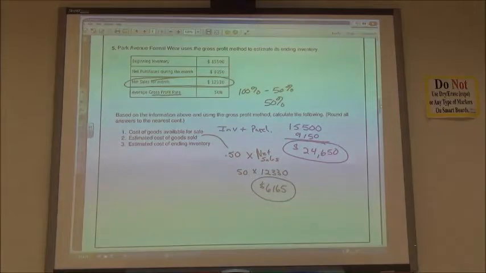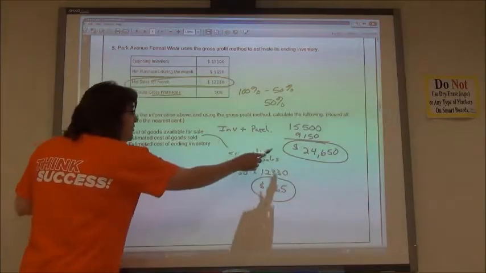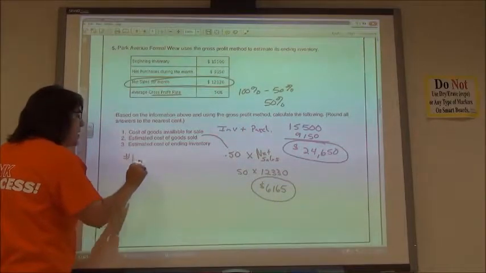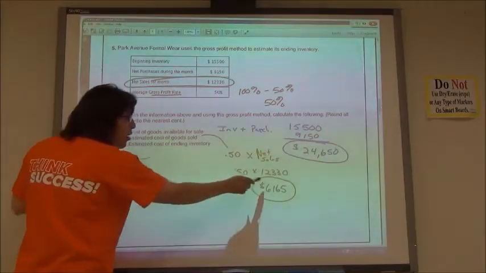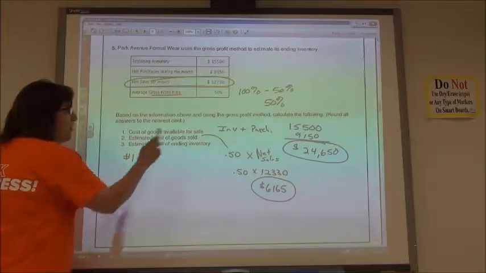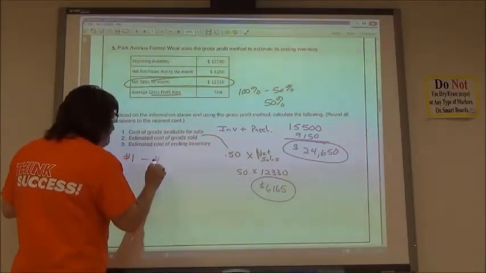So to find the estimated cost of our ending inventory then, we're going to take our cost of the goods available for sale, which is number 1. We're going to subtract the estimated cost that we found of our goods sold on number 2.